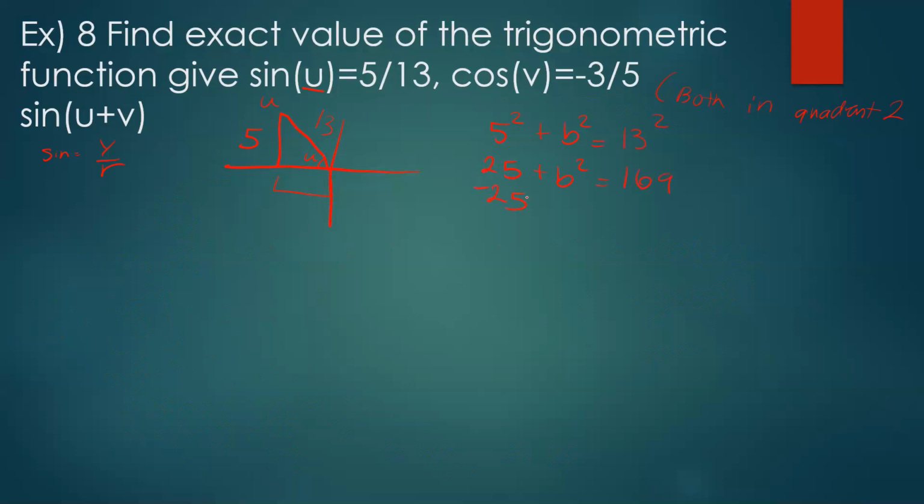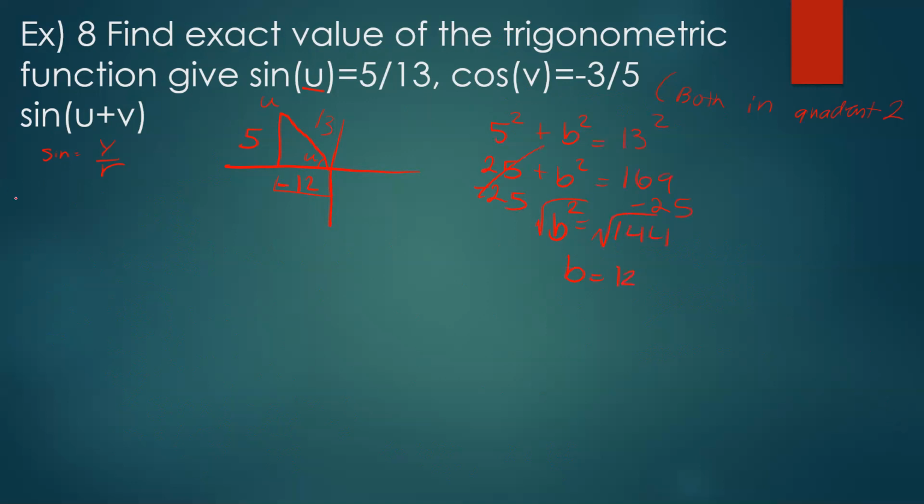Subtract 25 from both sides, so b squared equals 169 minus 25, which is 144. Take the square root of both sides, and we get b equals 12. But remember, because we are in quadrant 2, we're going to use -12.